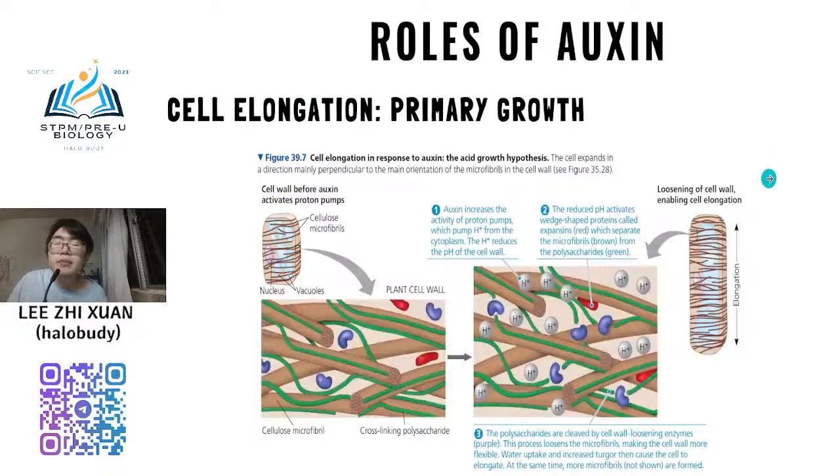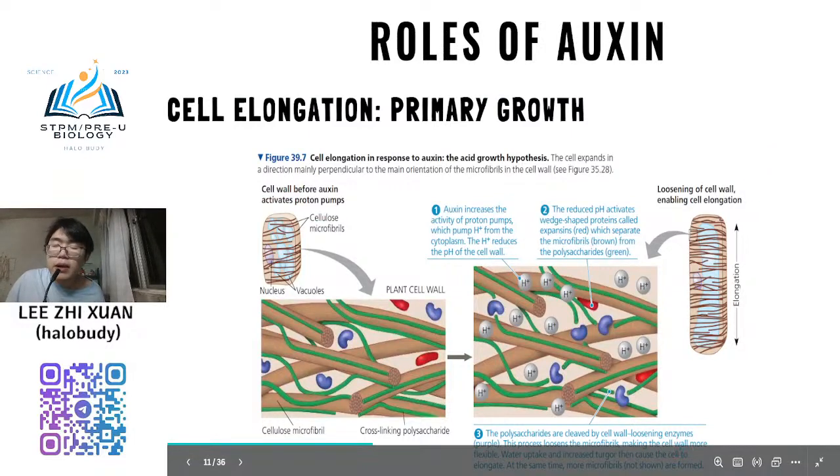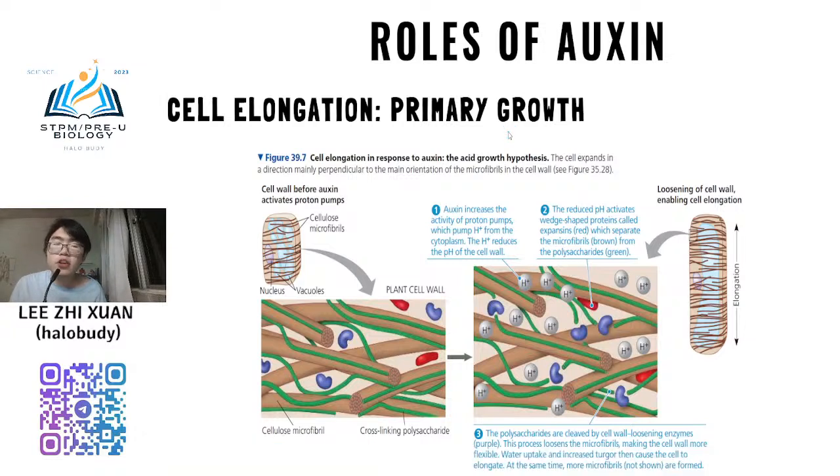Okay, now we go to the function of auxin. This is a very important part. What about the function of auxin? The primary function that I already mentioned before is cell elongation, primary growth. Primary growth is the main function of auxin. Cell elongation means to elongate the plant cell.